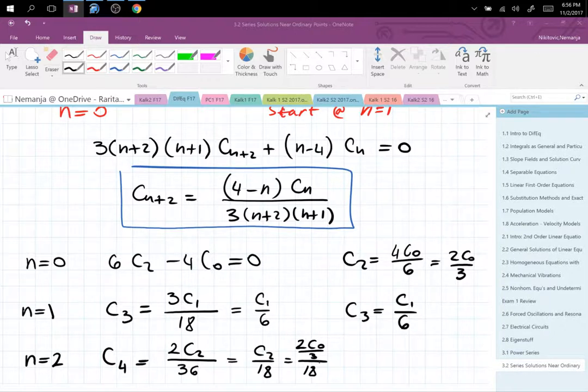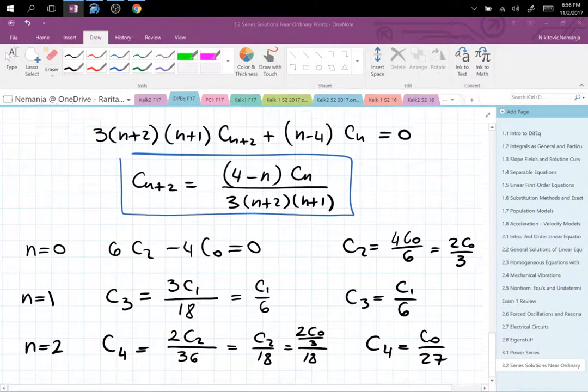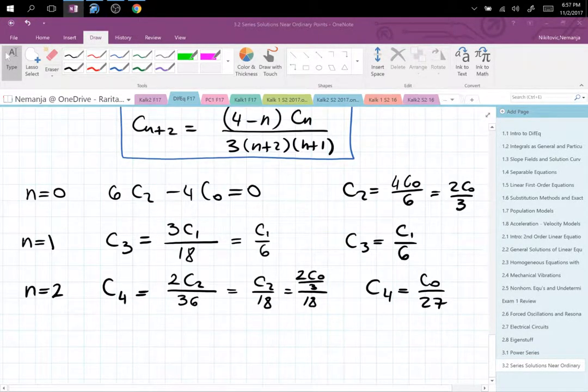So that's 9, that's 27, right? So c4 is c0 over 27. 2 cuts 18 into 9, 9 times 3 is 27. Bueno.